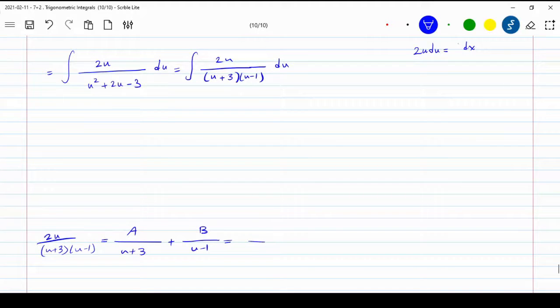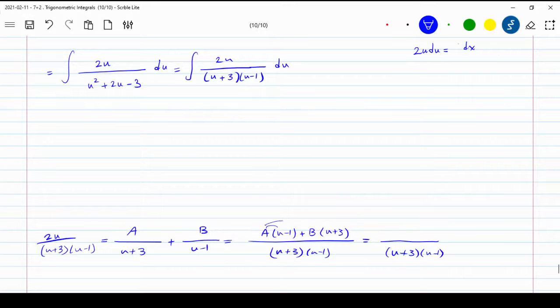And then if we go through a whole process of common denominator, we should have u plus 3 u minus 1 in the denominator, and a times u minus 1 plus b times u plus 3. You'll end up finding a and b, which means you can split up that fraction into 2 simpler fractions.